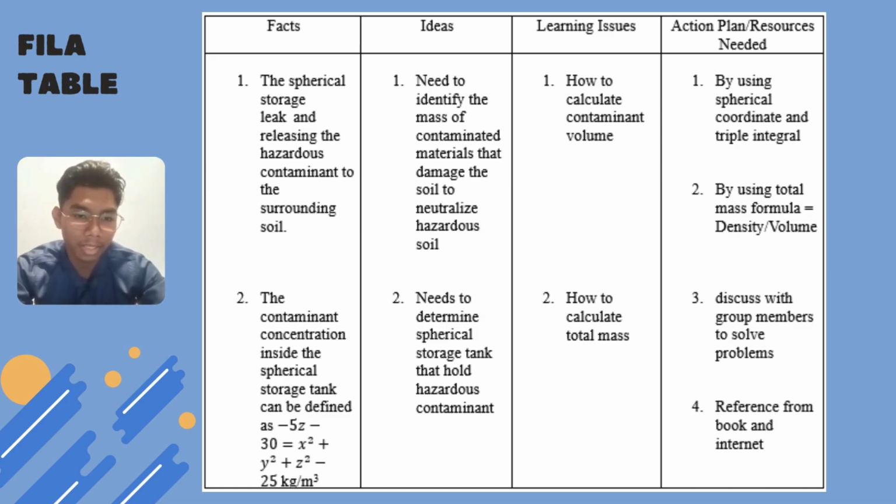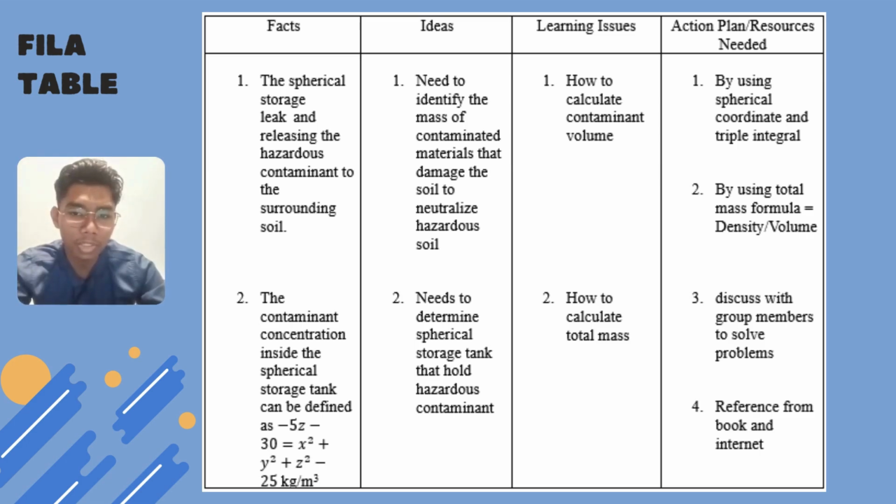Ideas that can be generated are: the first is to identify the mass of contaminated materials that immerse the soil to neutralize the hazardous soil. And the second is to determine the spherical storage tank that holds the hazardous contaminant. About the issue: how to calculate the contaminant volume and how to calculate the total mass.